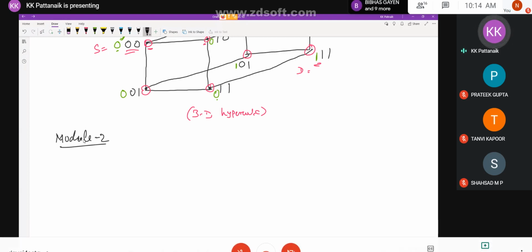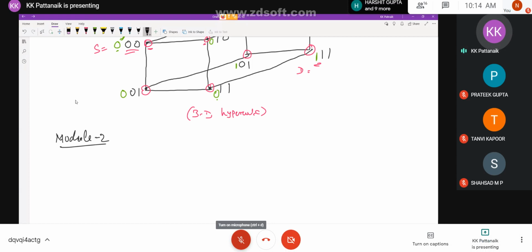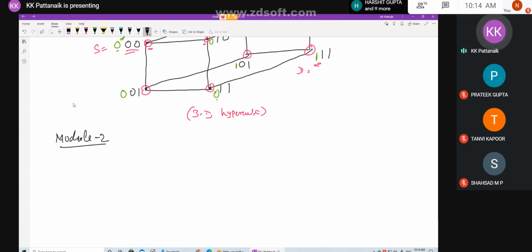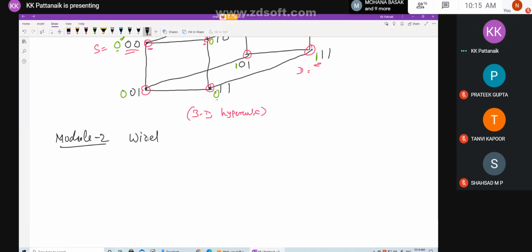We will facilitate you in understanding. So you need to operate in a self-exploratory mode. So we will study wireless sensor networks.